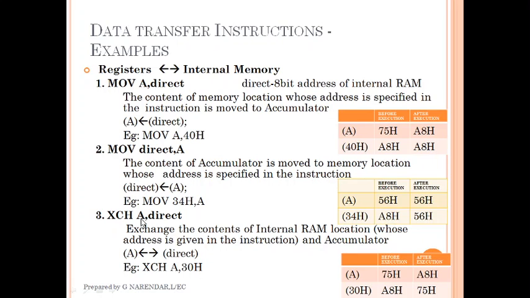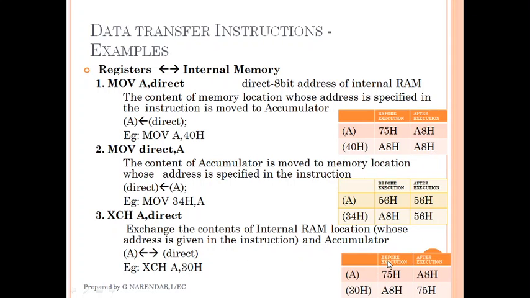So exchange the contents of the two. Exchange the contents of the internal RAM location whose address is given in the instruction and accumulator. So here XCH A, 30h means the contents of the memory location whose address is 30H are exchanged with the contents of accumulator.